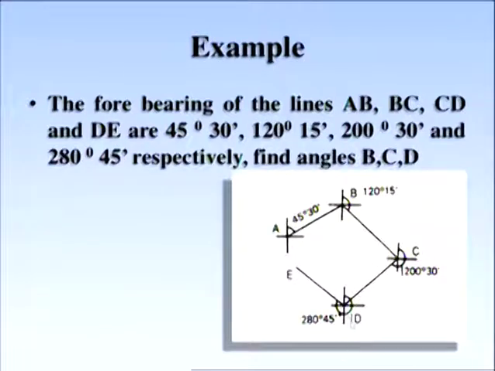So simply draw approximately a line DE in the fourth quadrant. So your traverse is ready. Using this, in the next lecture we will understand how the interior angle is calculated. Thank you very much.